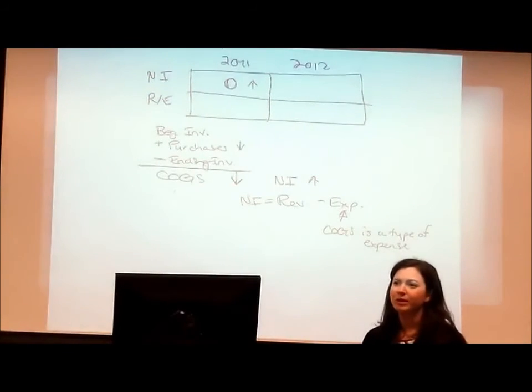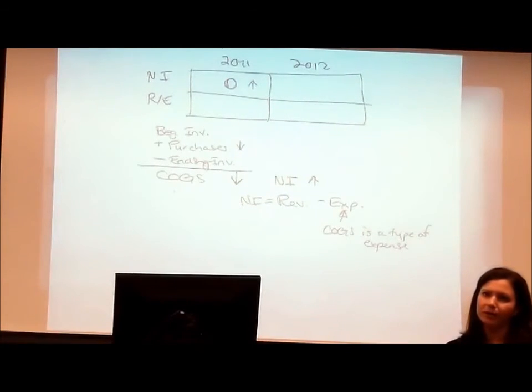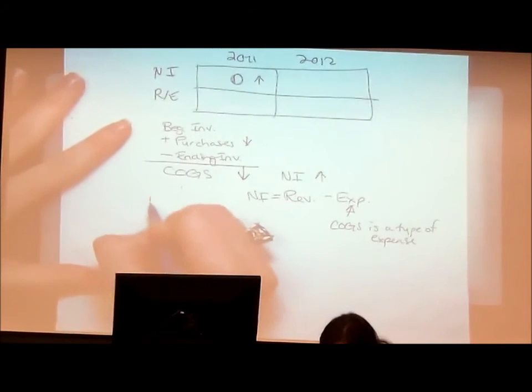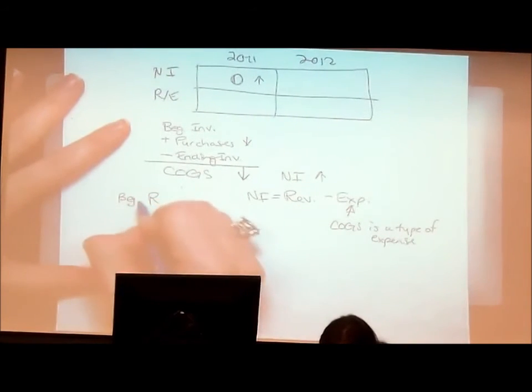Now, for retained earnings in 2011, what effect does net income have on retained earnings? Does it make retained earnings go up? Does it make it go down? Up, right? We always do beginning retained earnings plus net income minus dividends. So I'll do the equation.